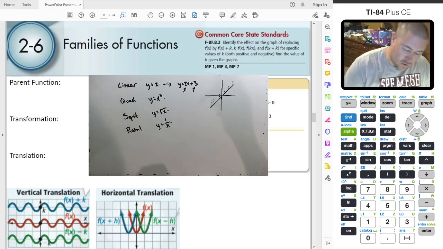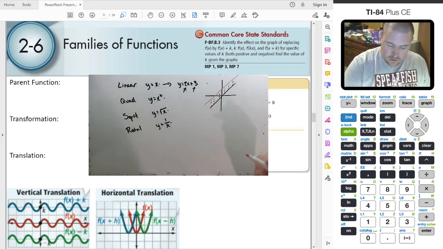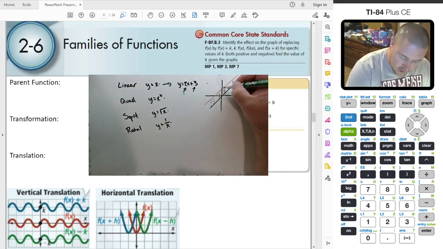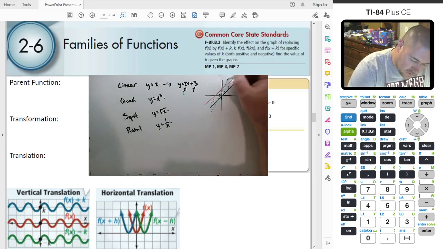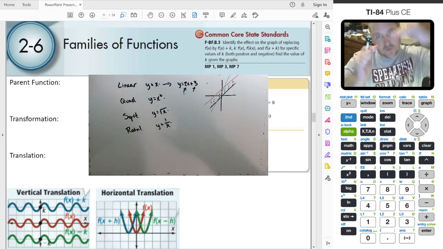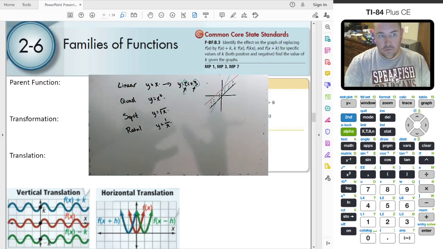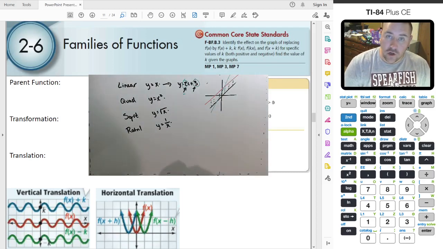Because of this vertical stretch, this point, instead of going over 1, up 1, is going to go over 1, up 2. This is going to be twice as tall, and you get this change in the slope. So it moves up, and it stretches. It has been transformed. That's what a transformation is. It's an alteration of the original parent function.